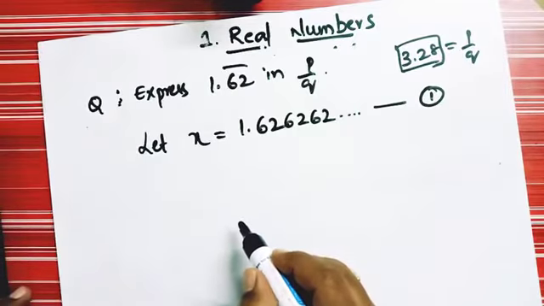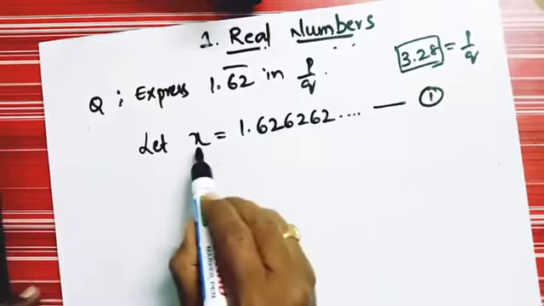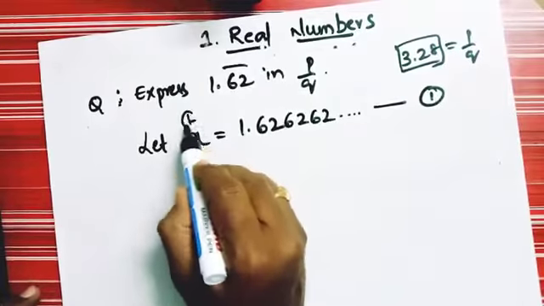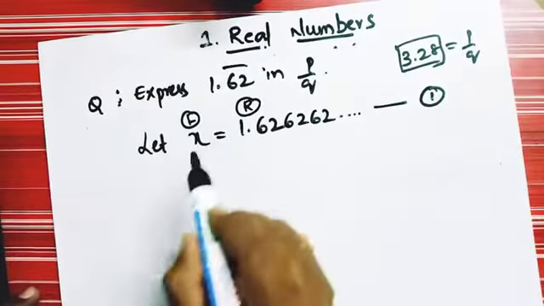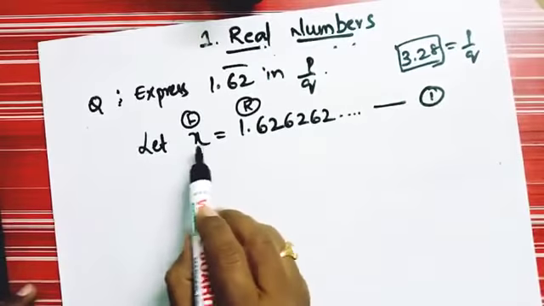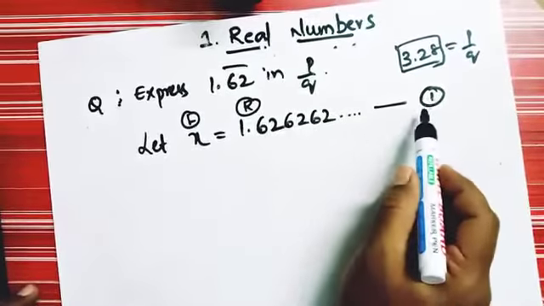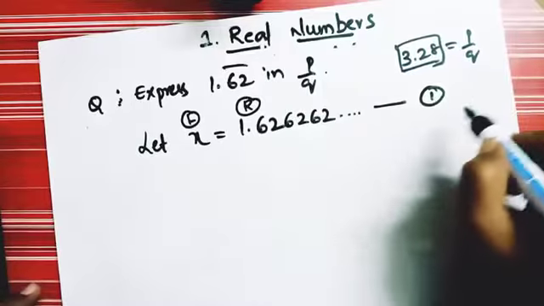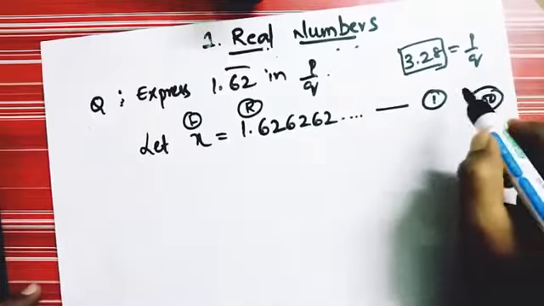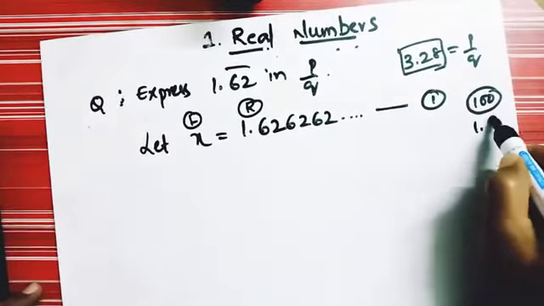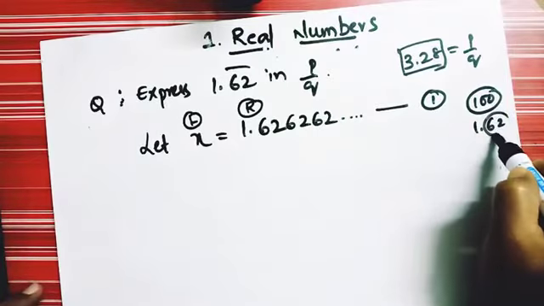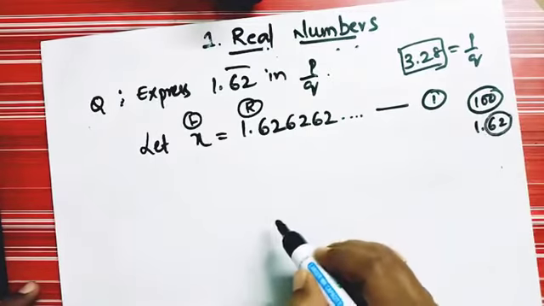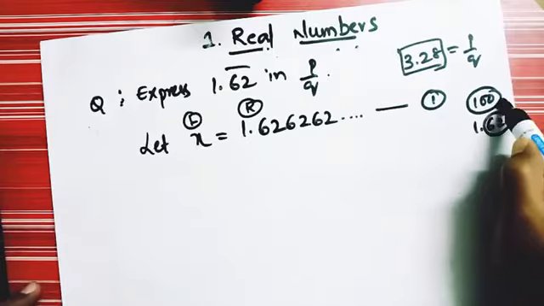After this we need to multiply both sides of equation 1 by 100. Now this is the LHS of the equation and this is the RHS. Why are we taking 100? Because here we have two repeating decimal places, that's why we multiply with 100.